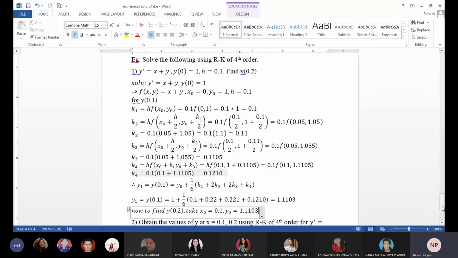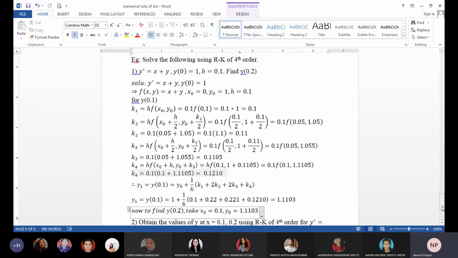Is this fine? To calculate y of 0.2, we take x0 as 0.1 and y0 as 1.1103. So now we proceed in the same way: k1, k2, k3, k4 and then y of 0.2.